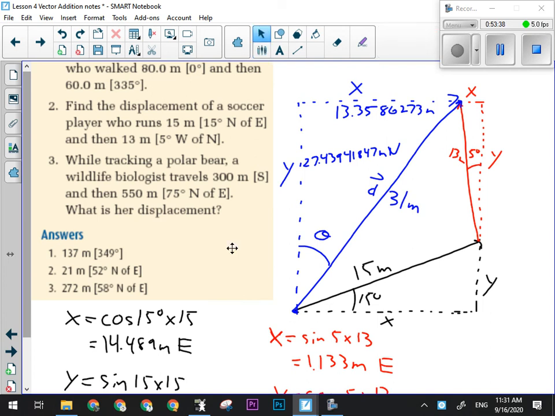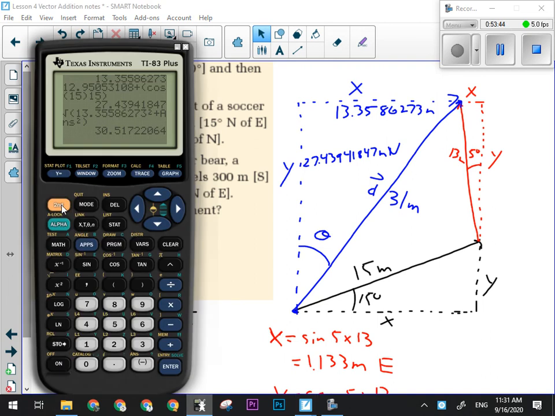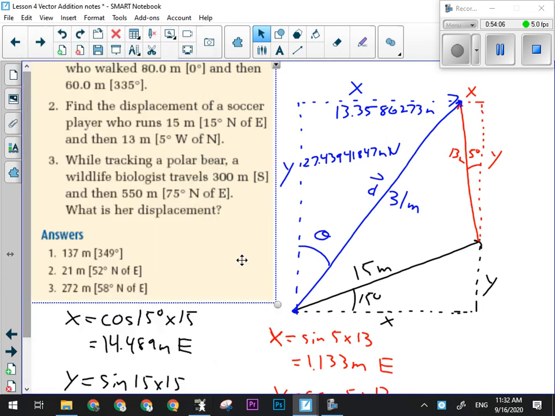Then to find the angle, again, you can use any trig function you want. I'm going to use tan, so I'm going to take inverse tan of 13.355867273, which is my opposite side, divided by 27.43941847. That's going to give me 26 degrees.